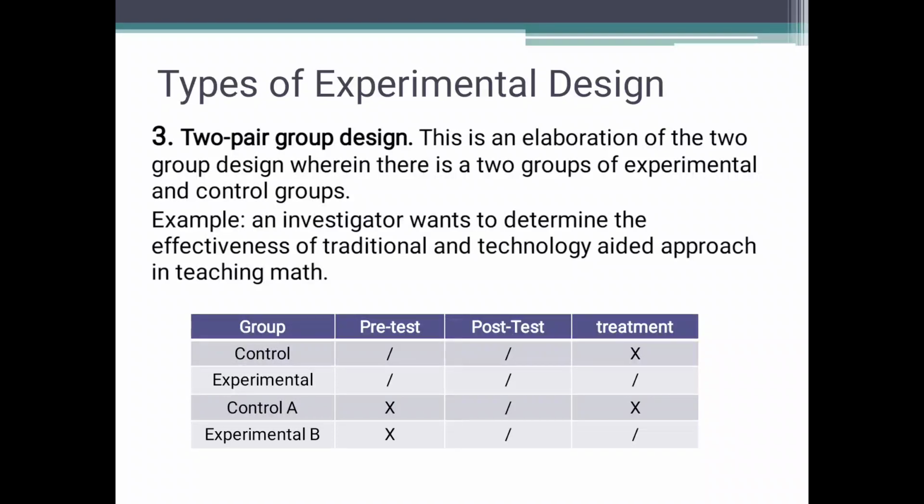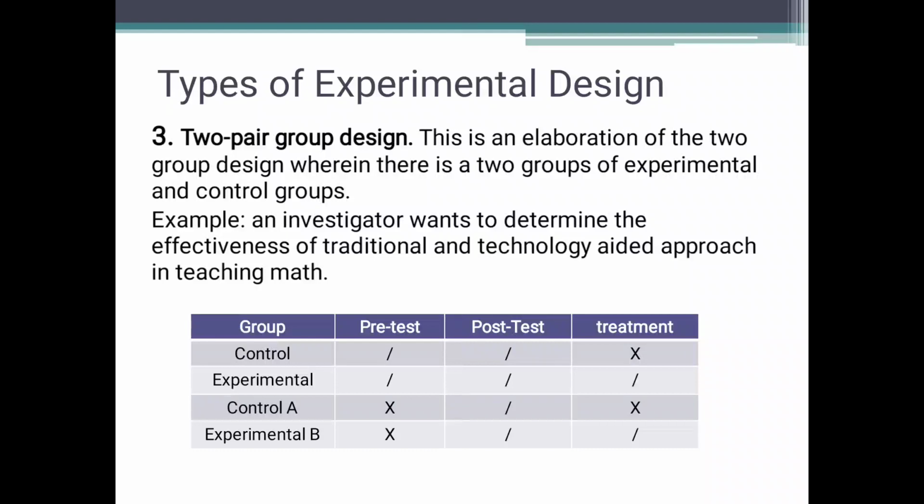So, lahat sila bibigyan mo ng post-test, pero yung control 1, experimental 1 ay may pre-test, pero yung pangalawang control and experimental group ay walang pre-test. And of course, ang treatment ay para lang sa experimental group, and then ang traditional way of teaching ngayon is for the control group.